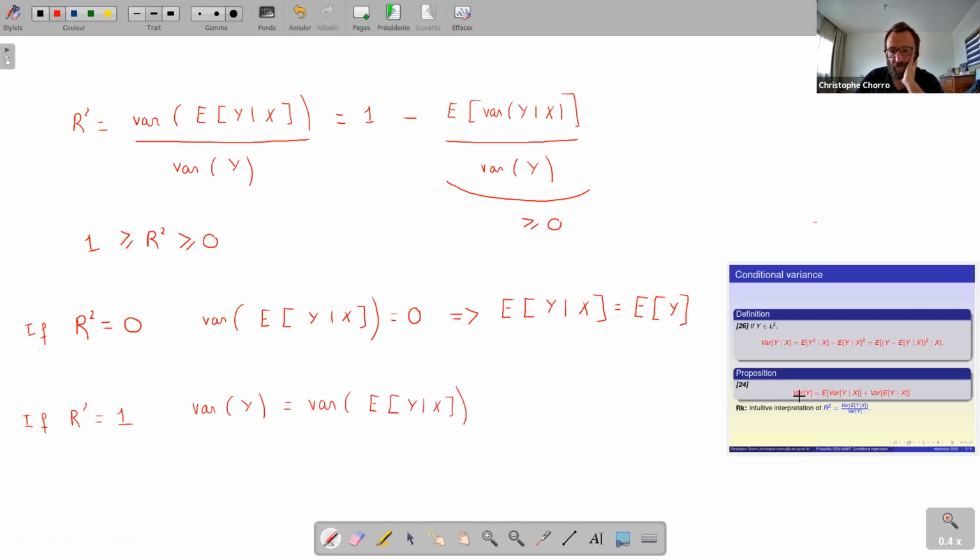So when R square is equal to 1, the expectation of the conditional variance is equal to 0.